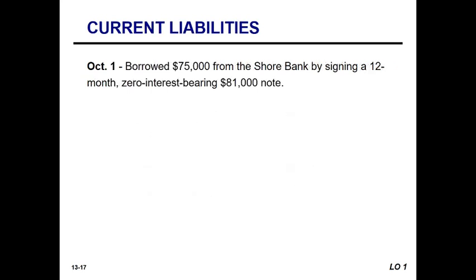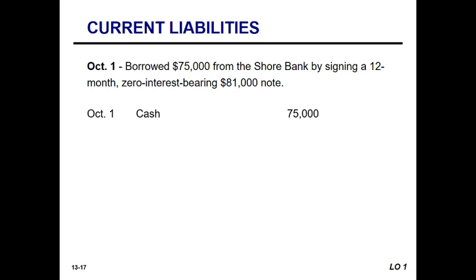Now, on October 21st, we also borrowed $75,000 from Shore Bank by signing a 12-month, zero interest bearing $81,000 note. Now, you notice it says zero interest bearing $81,000 note. That means that at maturity, we will be paying $81,000, whereas we will be receiving $75,000, which is the present value.